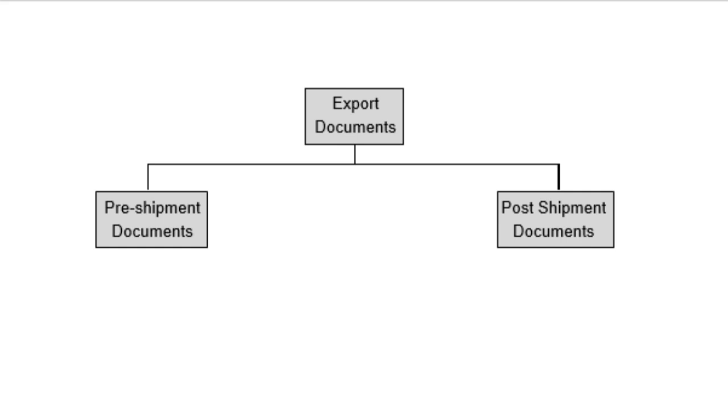Any specific document required by the bank, required by the consignee country, also needs to be attached. Insurance, bill of exchange, first and second, okay. So these are the basic documents of the post shipment documents which we need to submit in the bank.